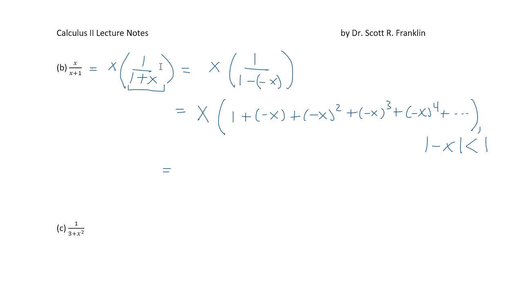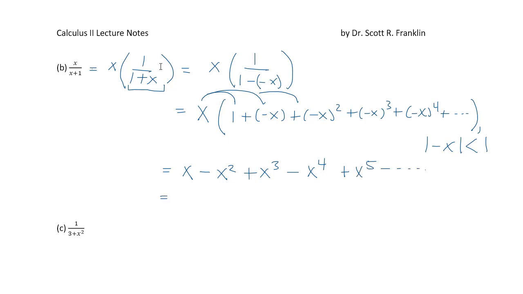So if I multiply in the x and also do all of the powers, I end up with an x times 1. That becomes a minus x squared, a plus x cubed, a minus x to the 4th, a plus x to the 5th, minus, and so on.